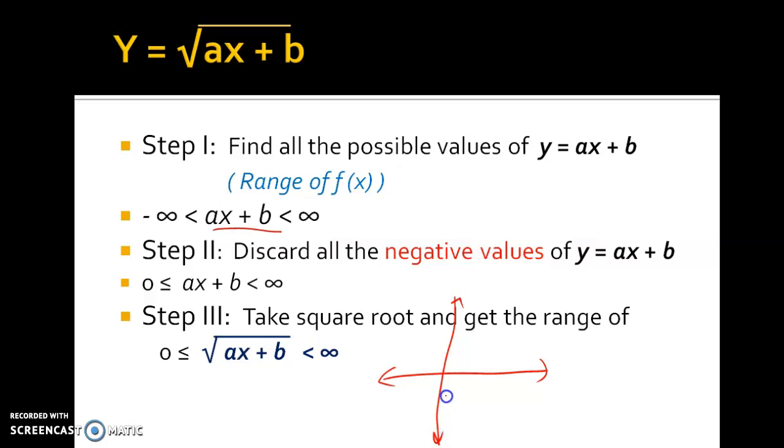Discard all the negative values of y, start over from 0. So the range of square root of ax plus b will be from 0 to infinity.